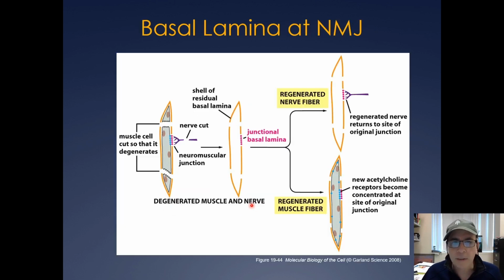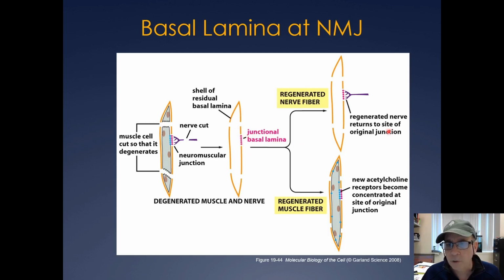And so all the information in the basal lamina helps cellular connections. If you have a muscle cell and a nerve cell attaching, and here you have your synaptic junction, if you kill the muscle cell and kill the nerve cell, the residual basal lamina with the junction that's there will maintain.